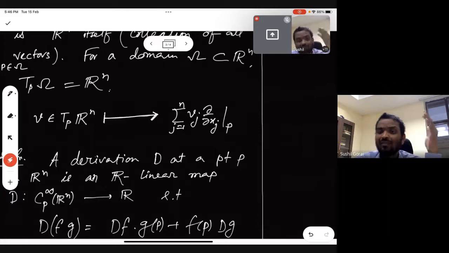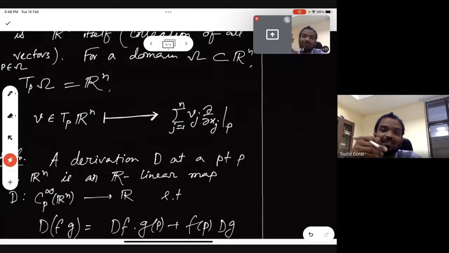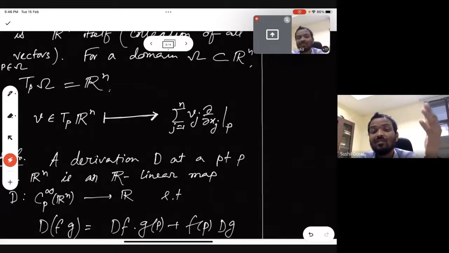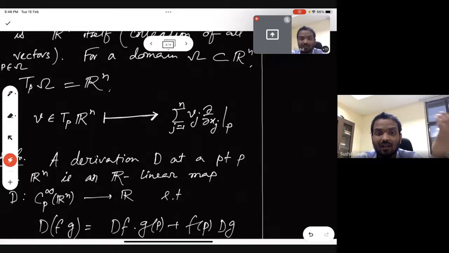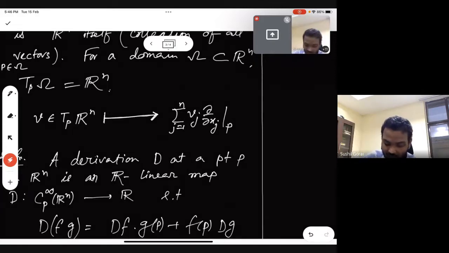For Rn, defining the tangent space was very easy because you just consider Rn itself, the collection of all vectors. But for a general surface or manifold, you don't have a vector space right at the beginning. So you don't know what the things are, and that is why we are extracting the properties of the directional derivative, and looking at the tangent space in this fashion.